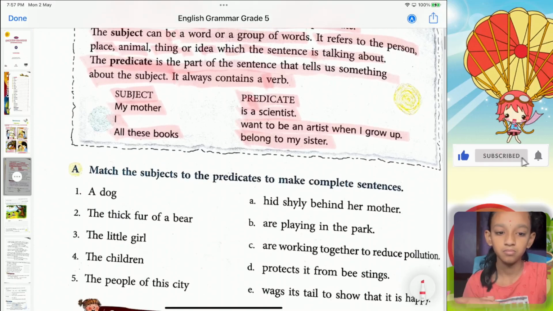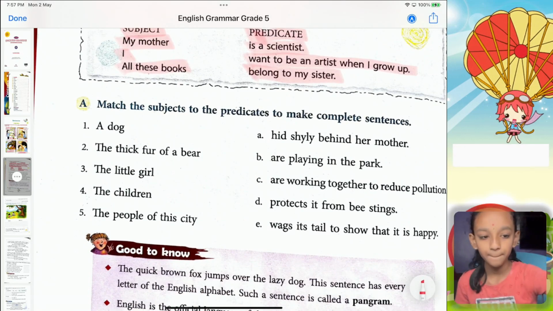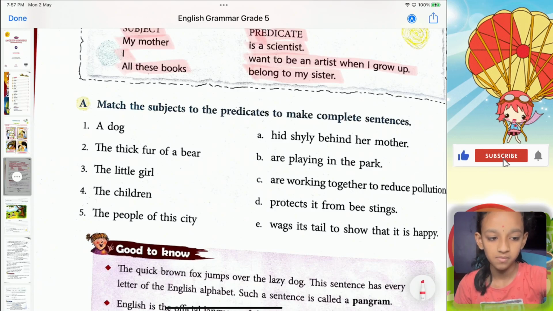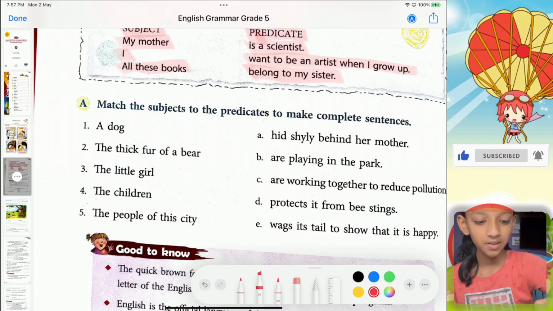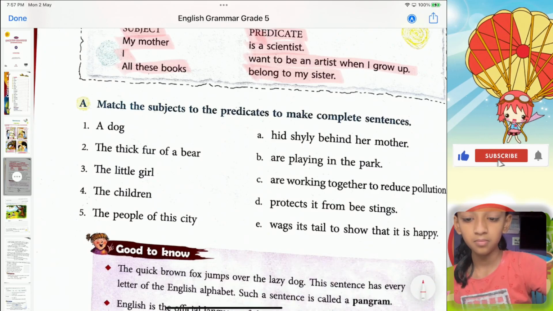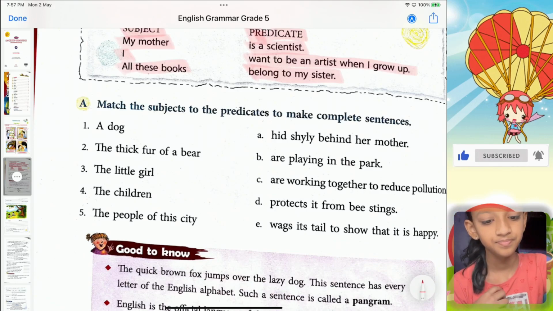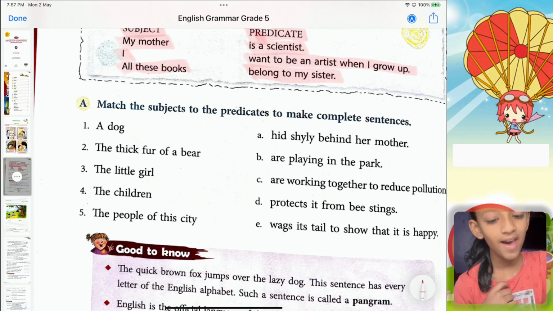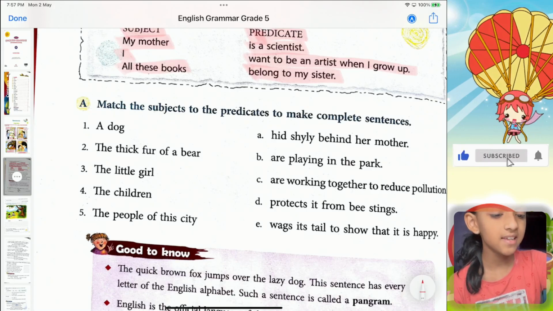Now we have an exercise. You have to match the subjects to the predicates to make complete sentences. Can you select the pen? The first one is a dog. A dog is a subject, so what does a dog do? It wags its tail to show that it is happy.